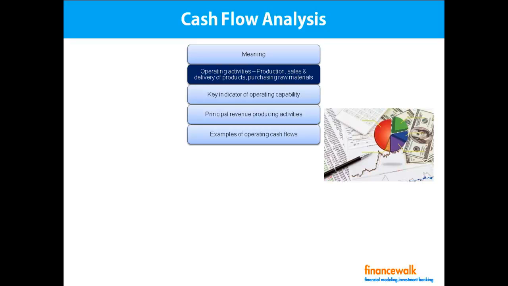Alternatively, this can be reported under financing activities in IAS 7 but not in US GAAP. Payments for the sale of loans, debt or equity instruments in a trading portfolio.